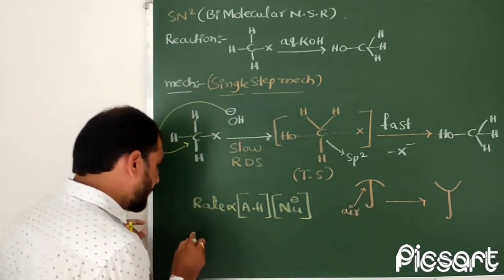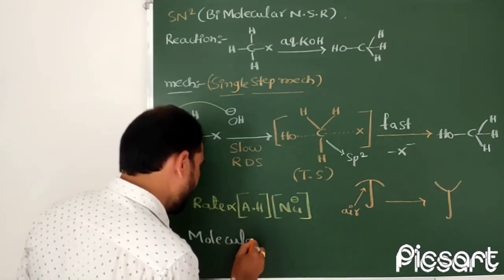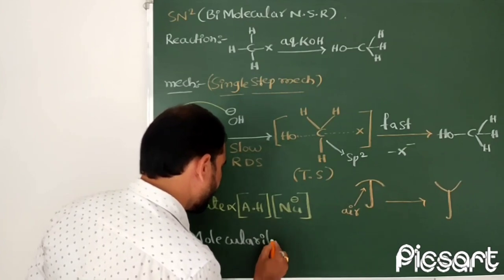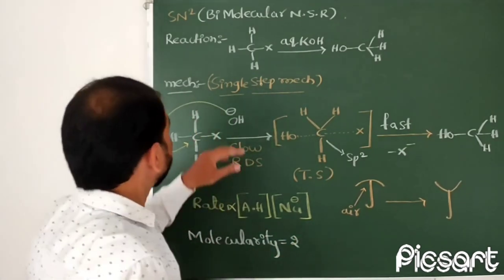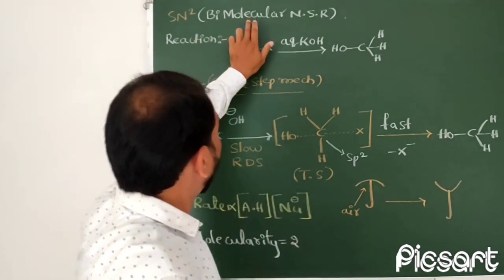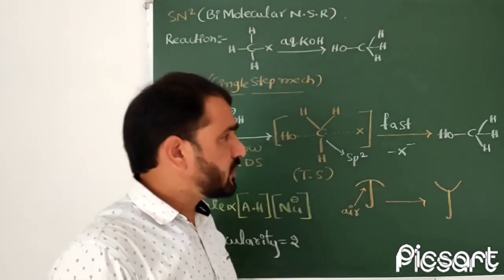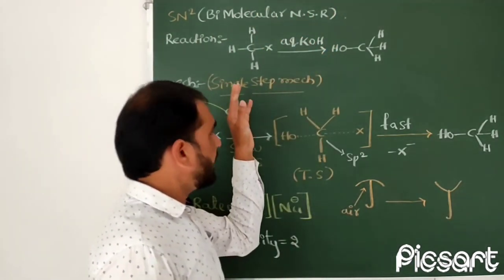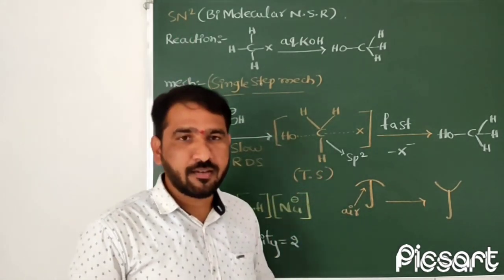Therefore, the molecularity of the reaction is equal to 2. That's why this reaction is called a bimolecular nucleophilic substitution reaction. So this is the reaction and mechanism of the SN2 reaction.